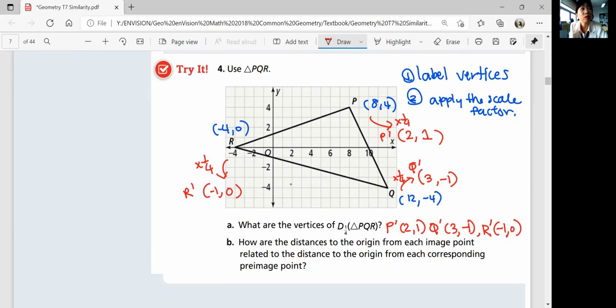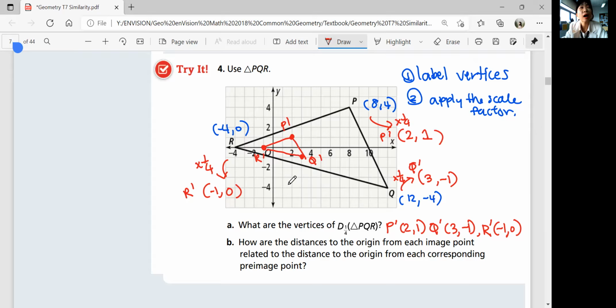You can graph them, although they don't ask you to graph them, to check if your answer is reasonable. That is P prime, Q prime, and -1, 0 is right here, R prime. There. Does it look like it's similar? Yeah.